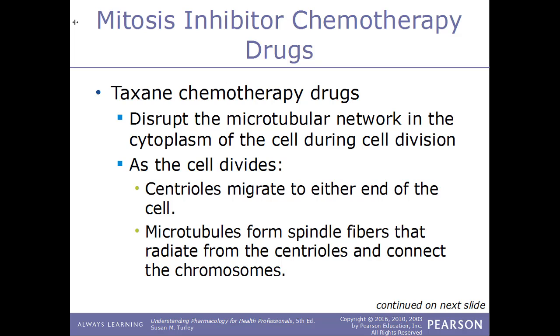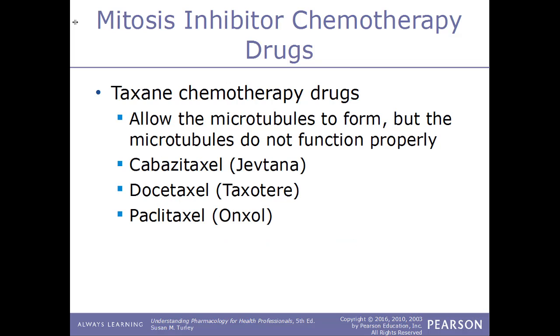Now, as a cell divides, centrioles will migrate to either end of the cell, and the microtubules form spindle fibers that radiate from the centrioles and connect the chromosomes. Now, the taxane chemotherapy drugs still allow the microtubules to form, but the microtubules don't function properly. And some examples of a taxane chemotherapy drug would include cabazitaxel, known by its trade name Jevtana, docetaxel, known by its trade name Taxotere, and paclitaxel.